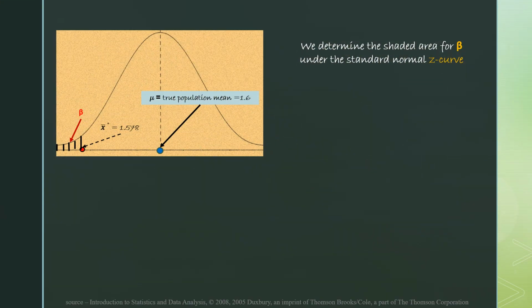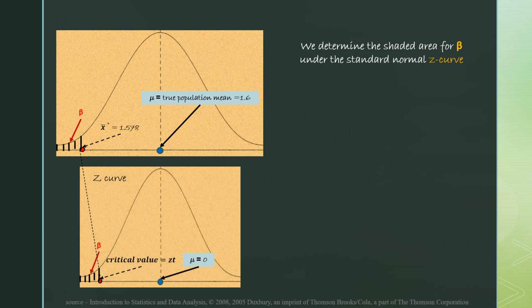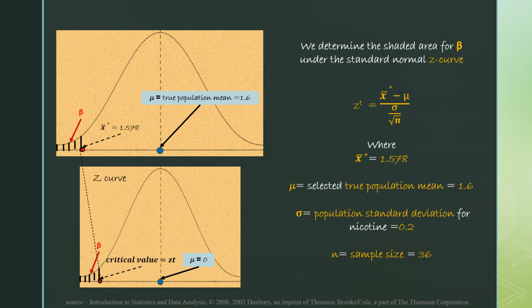We determine the shaded area for beta under the standard normal Z curve. Zt, the value corresponding to X bar star on the standard normal Z curve, equals X bar star minus mu divided by sigma divided by square root of n, where X bar star equals 1.578, mu is the selected true population mean, that is 1.6, sigma is the population standard deviation, that is 0.2, and n equals the sample size, that is 36.